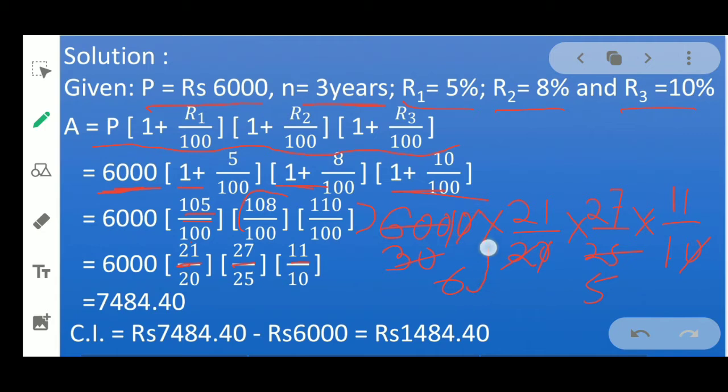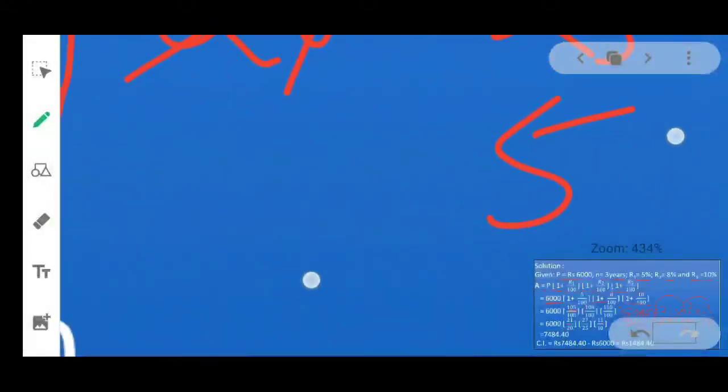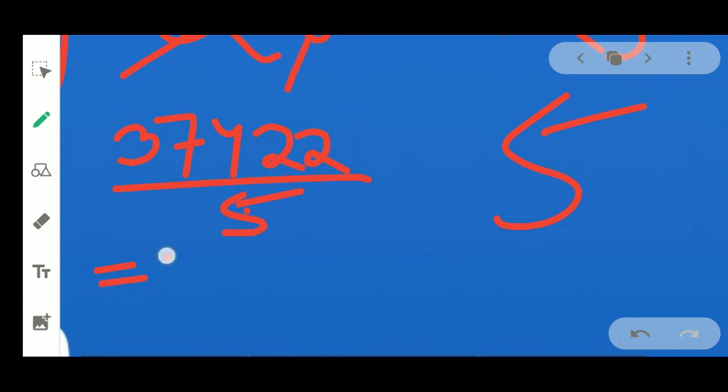Now if you multiply 6 into 21 into 27 into 11, you will get 37422 by 5. Now this will be 5 sevens are 35, then 5 fours are 20, then 5 eights are 40, then 5 fours are 20, then put the decimal point, and then 5 fours are 20.